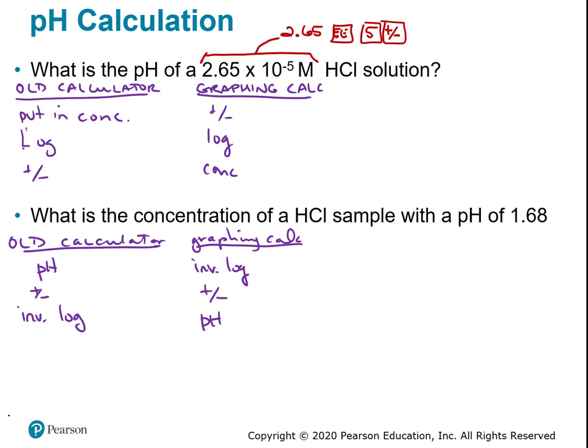If you're using the old calculator, you put in the concentration, then hit the log button, then make your number positive. If you're using a graphing calculator, you hit the plus minus button, then log, and then put in the concentration.